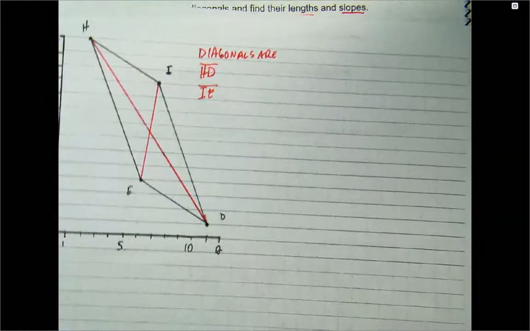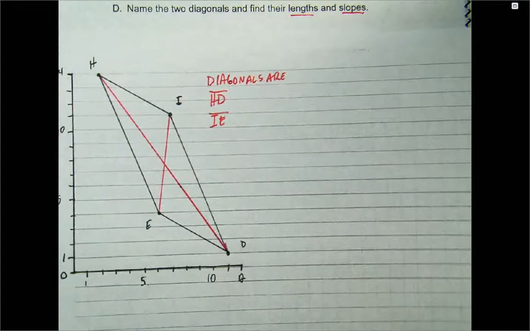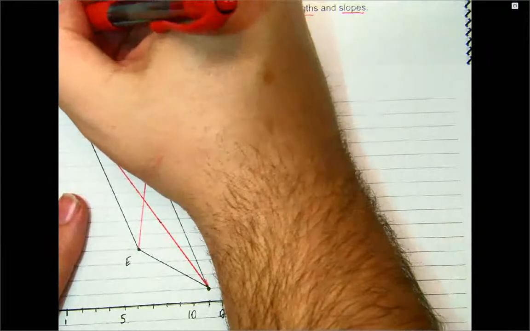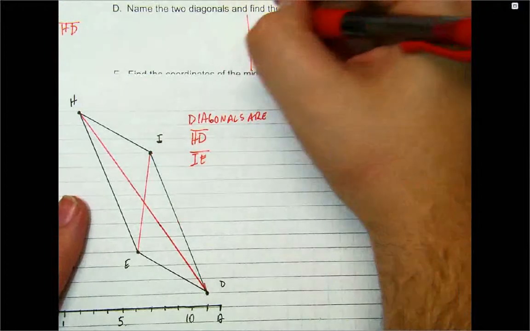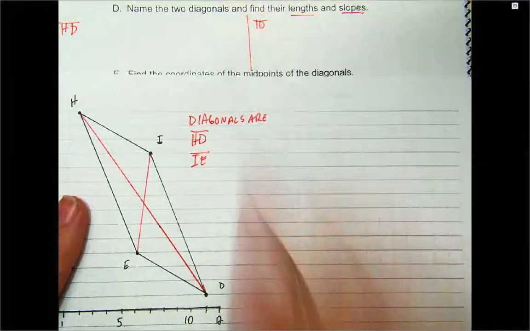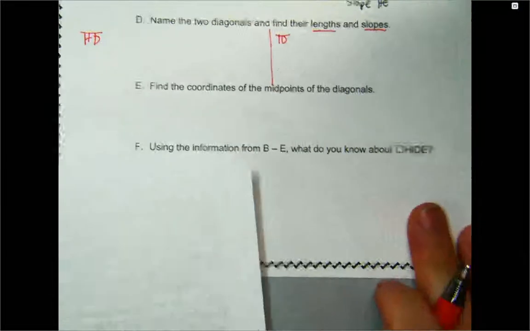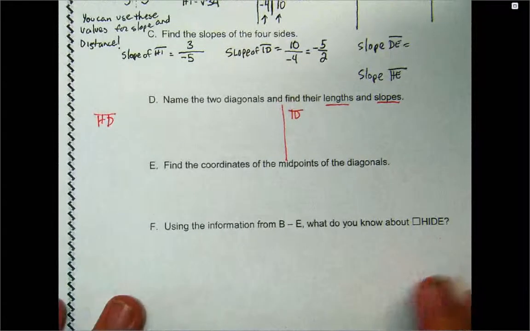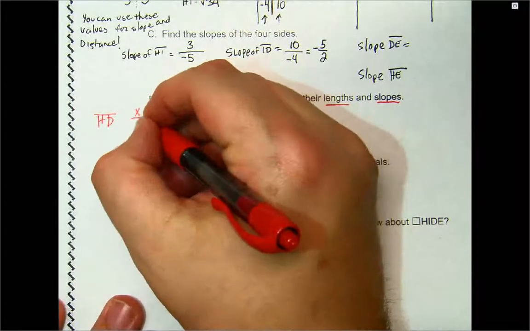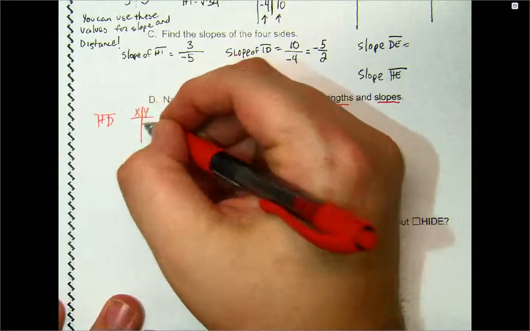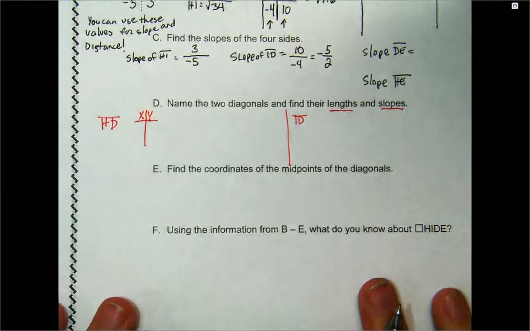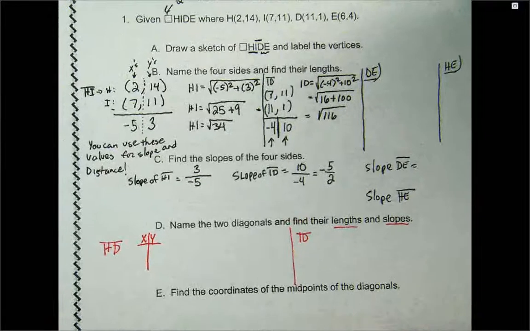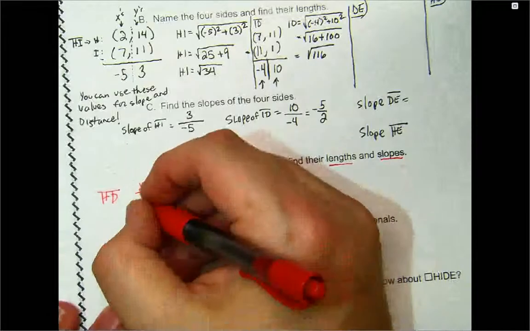So now that I know that one of them is HD and the other one is IE, I can break them apart here. Here's another way that I actually write that: I do the XY chart with the points for HD. Now HD, H is 2, 14, D is 11, 1.